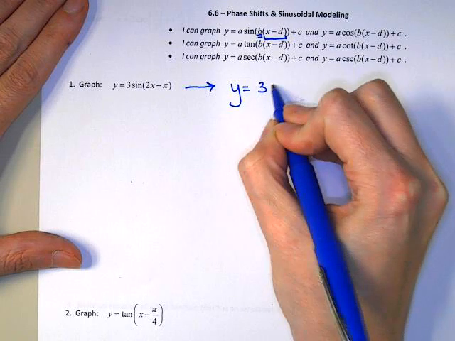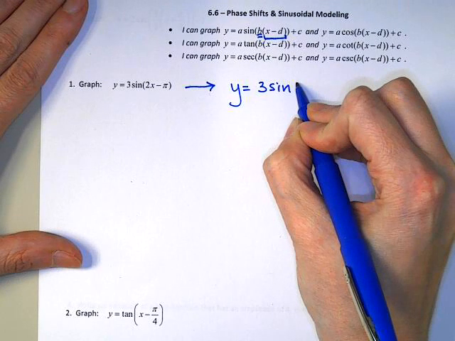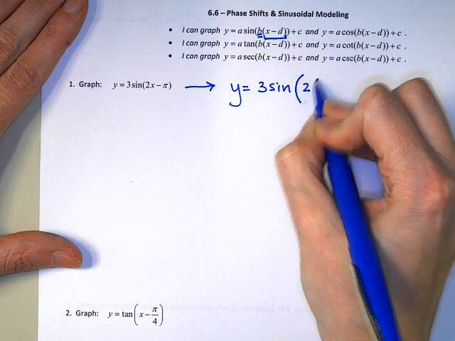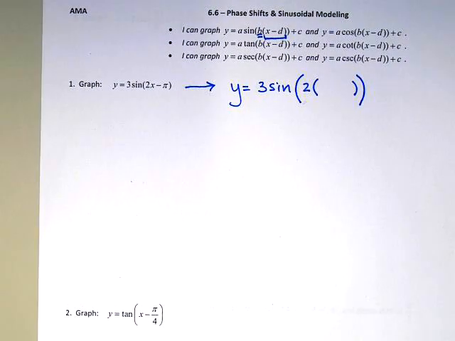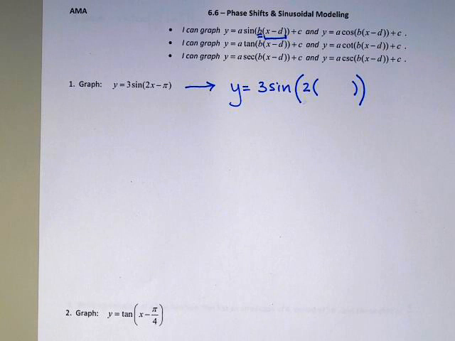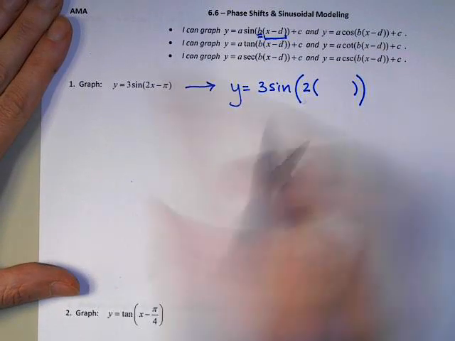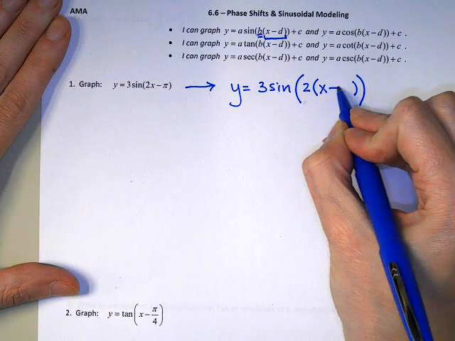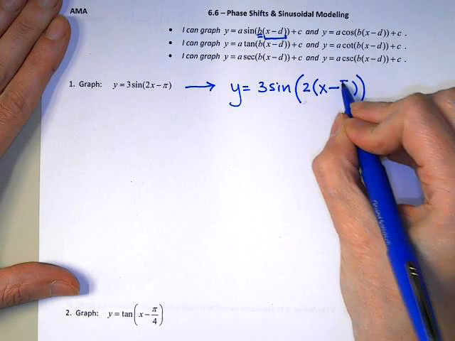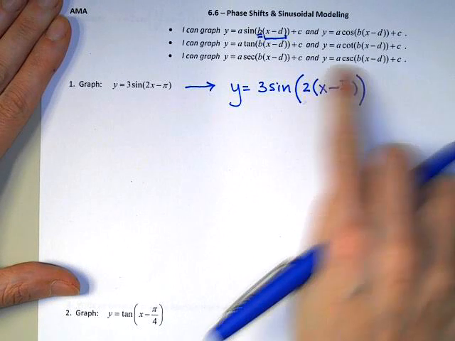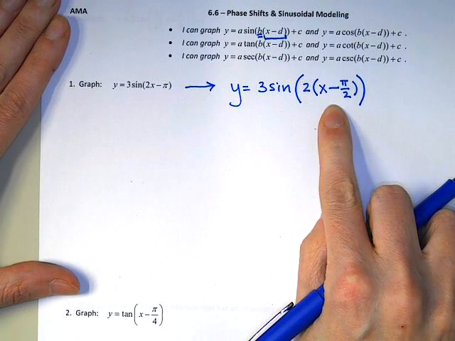So y equals 3 sine. You need to pull a 2 out first. And if you divide it out, what's inside that parenthesis becomes the phase shift. So if you divide x by 2, you get x minus, but now you have to divide pi by 2. And then you get pi over 2. This is the phase shift, right? Pi over 2.